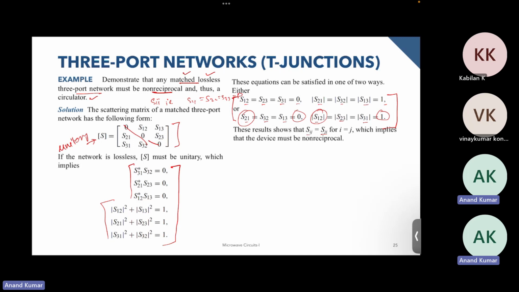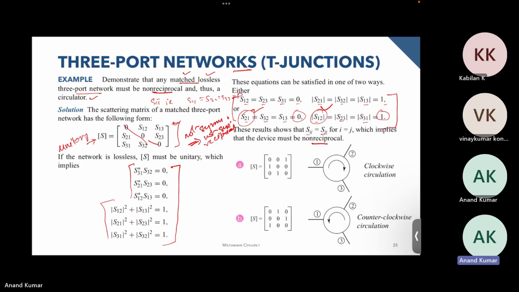So just from this example we can see that Sij is not equal to Sji, which implies that this particular matrix is not symmetric, and this implies not reciprocal. The system is not reciprocal. For this network to be reciprocal, the S matrix had to be symmetric, which is not true over here.